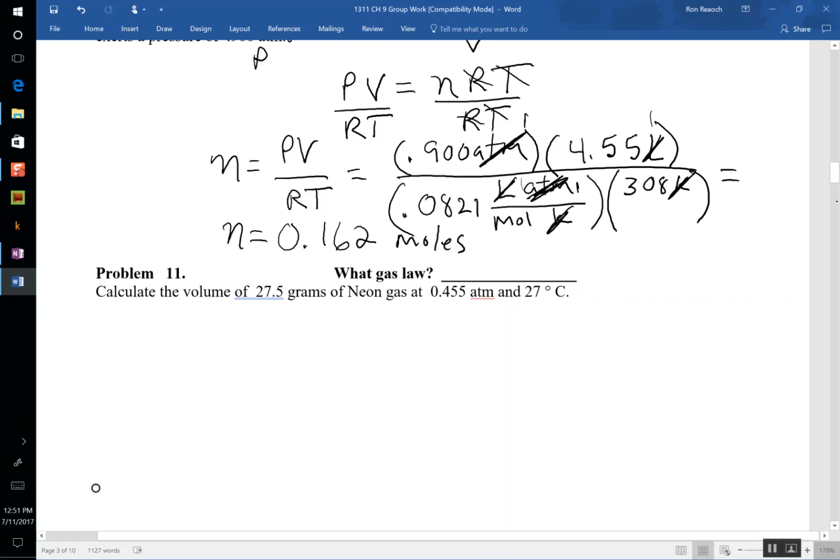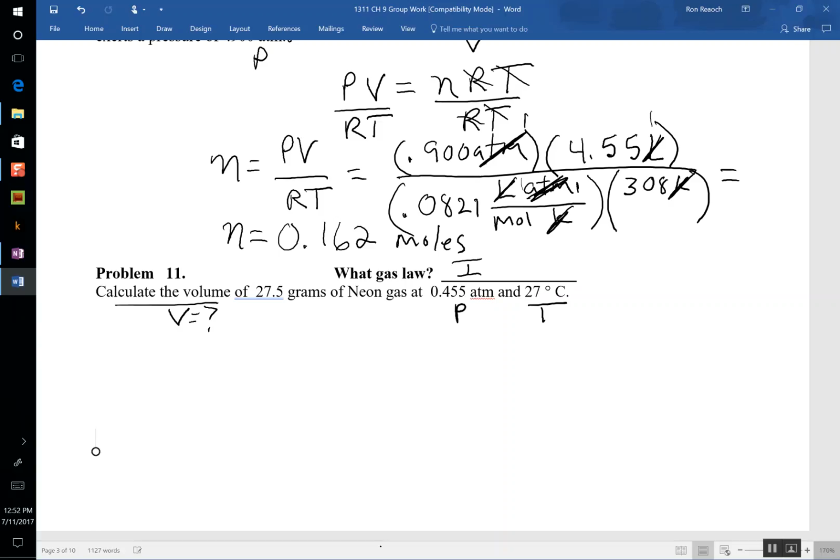All right, so you see pressure here. You see temperature here. Calculate the volume. That's your unknown, but you don't see moles. But what do you see? Grams. You have an amount of gas, but it's in grams.